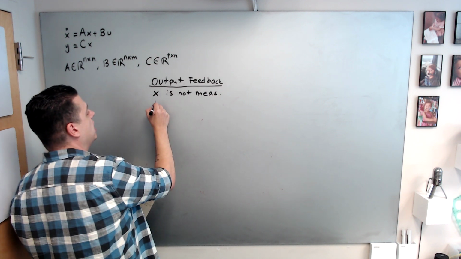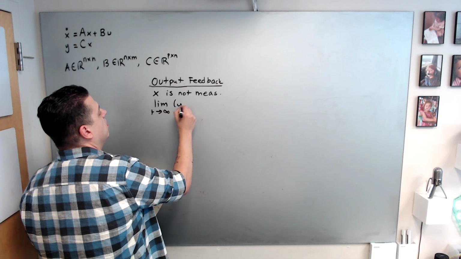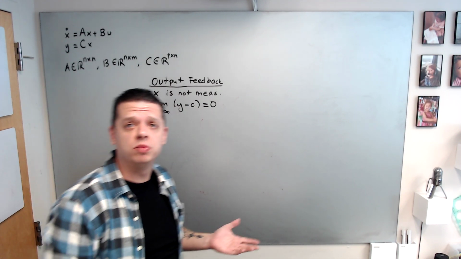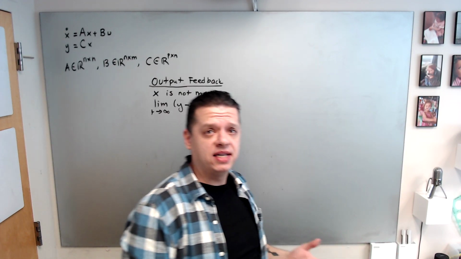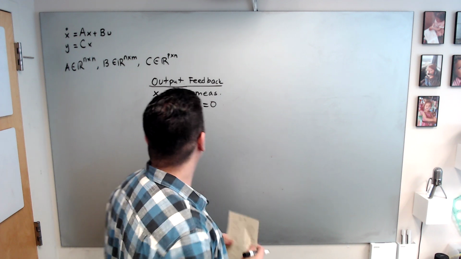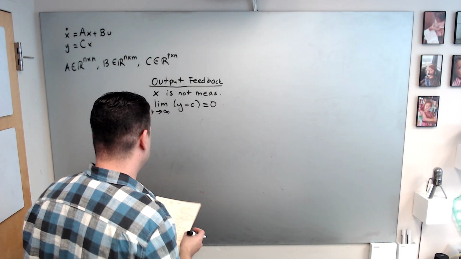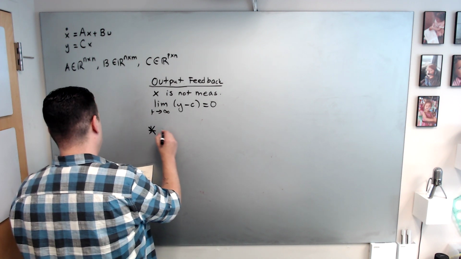The aim is the same: limit as t goes to infinity, y minus c is 0. So only output y is measurable, and we cannot use X in the control design. All right, I would like to start with the feed-forward feedback approach, the first one.